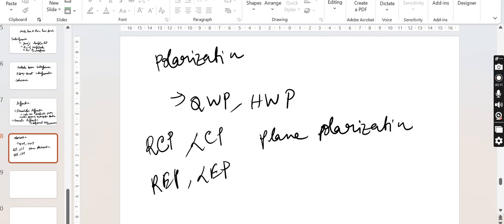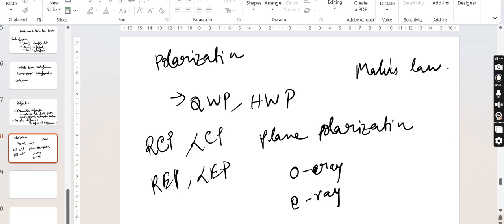We got to know that plane polarization and right and left circular polarization are special cases of elliptical polarization. Then E ray, O ray, birefringence, Malus's law, Brewster angle.